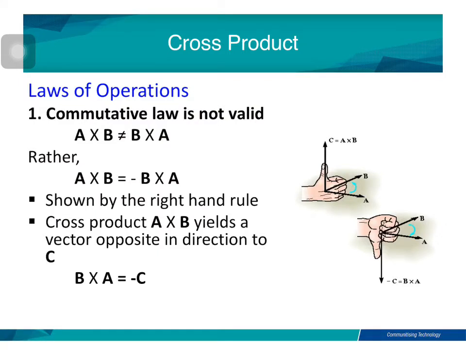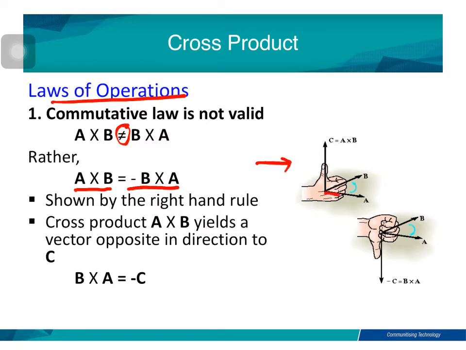Next, you can see here the laws of operation. Number 1, the commutative law is not valid, which means that A cross B is not the same as B cross A. Instead, A cross B is equal to negative B cross A, so you may refer to this right hand rule.